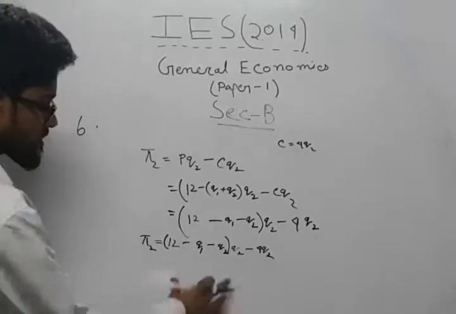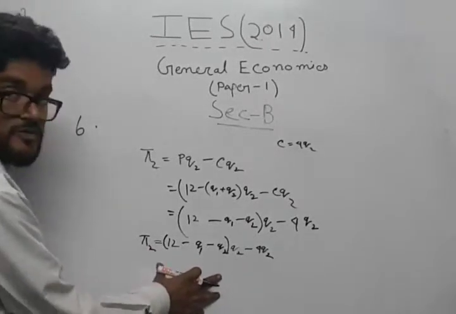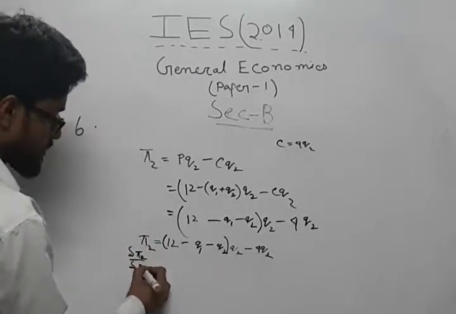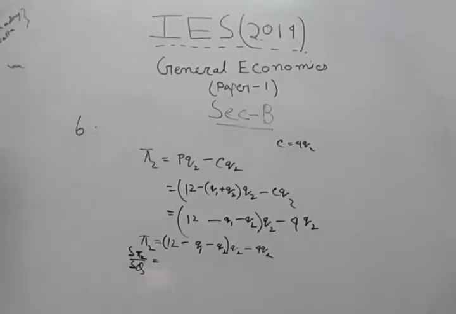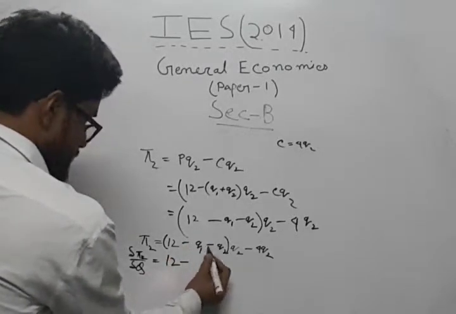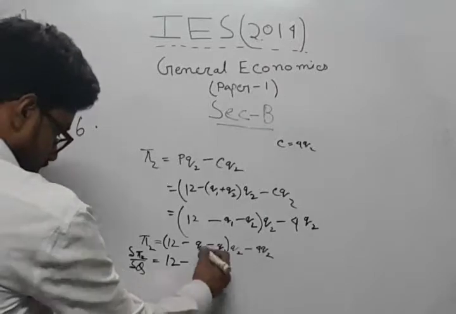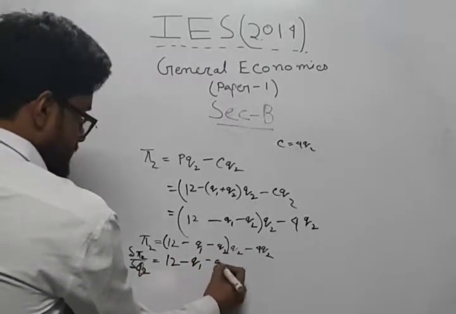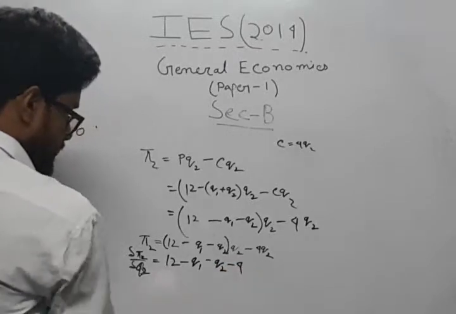Now we have to differentiate this profit equation with respect to Q2. If you differentiate it, we'll get 12 minus Q1 minus 2Q2 minus 4 equals 0.